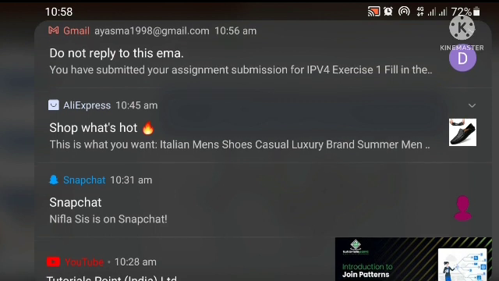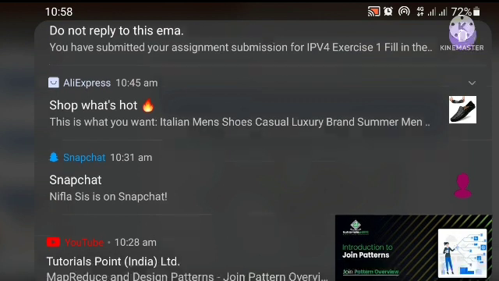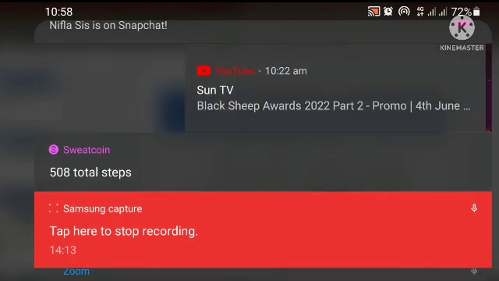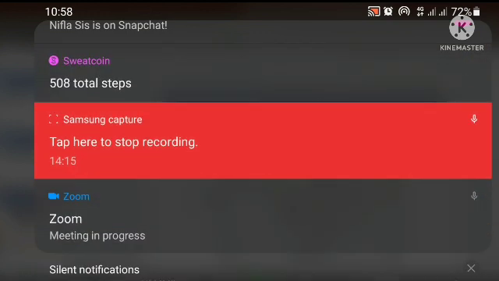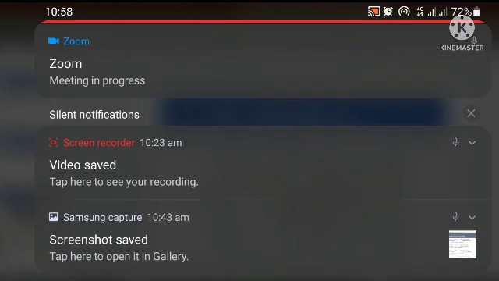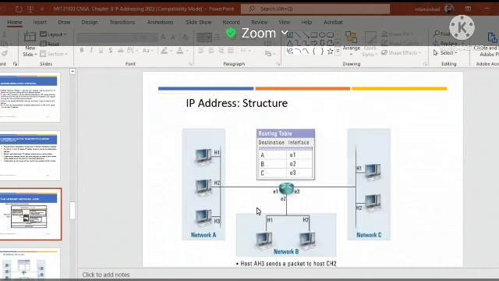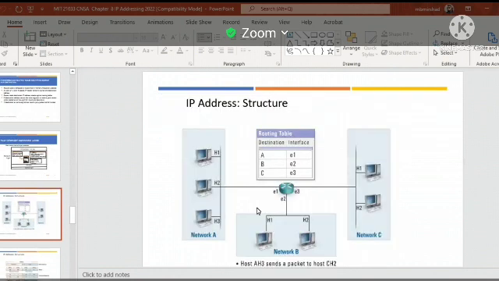Before we work with Packet Tracer, we have to be familiar with all these concepts. That's why I'm introducing the concepts one by one in a logical flow, chapter by chapter, so you will understand.